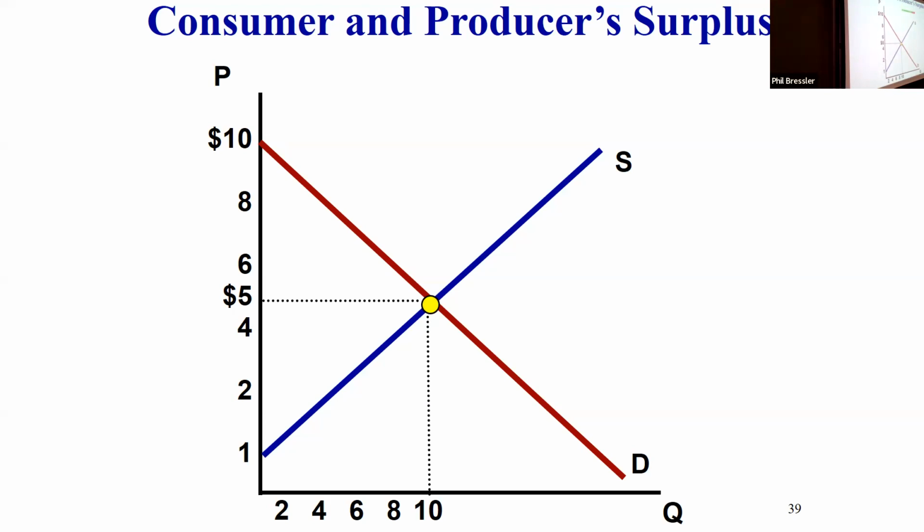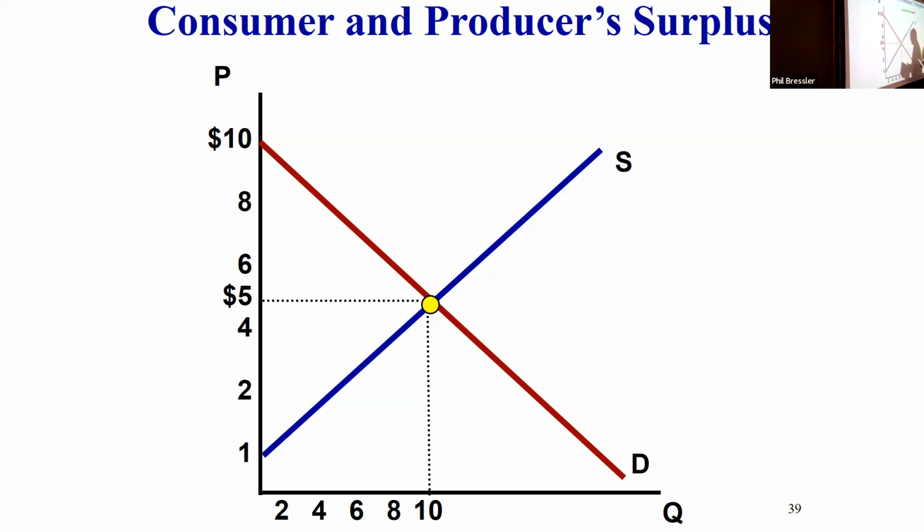Alternative product, technology, number of sellers, expectations, subsidies and taxes.